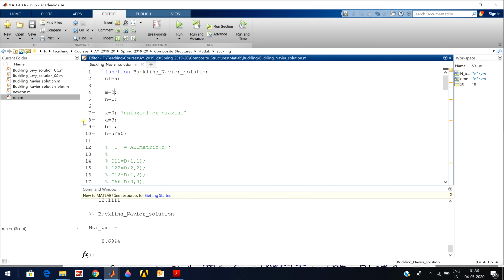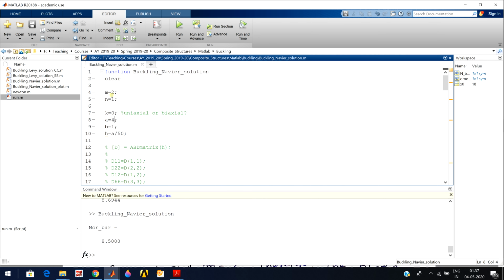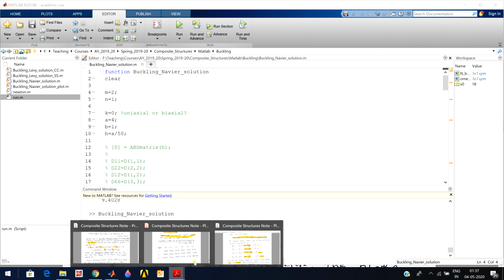So change this value to 4, that is a is equal to 4. 8.5. So for this plate aspect ratio, if I put m is equal to 1, it will give 18.62, which is higher. Even m is equal to 3 will give higher, 9.4. So the lowest is this one, 8.5.